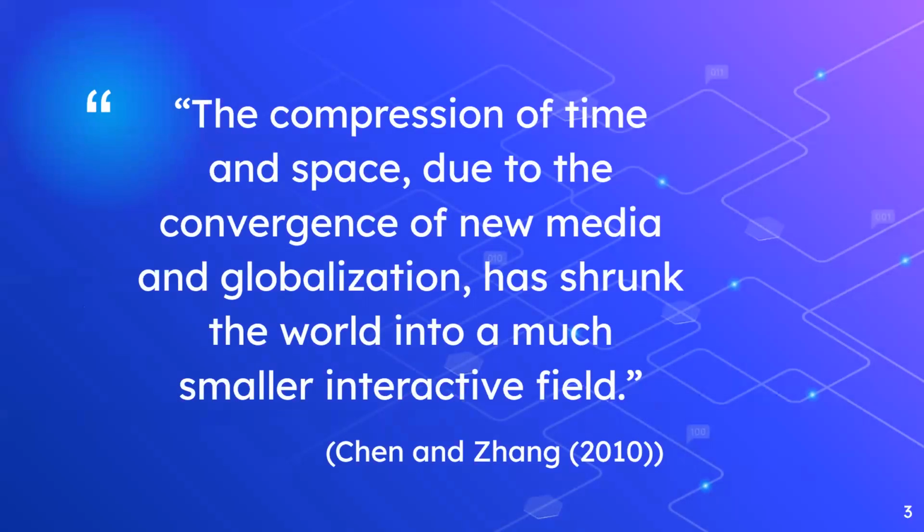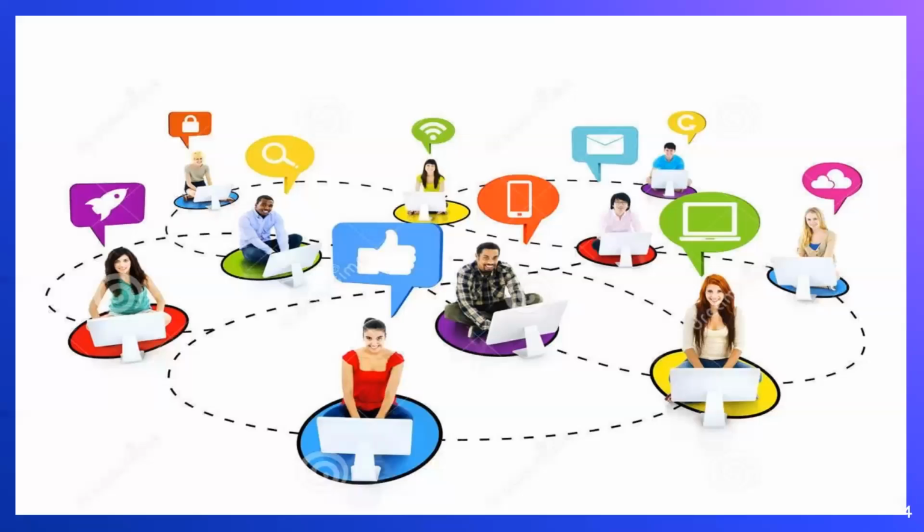So here is a quotation of Qing and Zhang. According to this, the comparison of time and space, due to the convergence of new media and globalization, has sprung the world into a much smaller interactive field. Internet and social media helped connect people of different cultures irrespective of time and space.